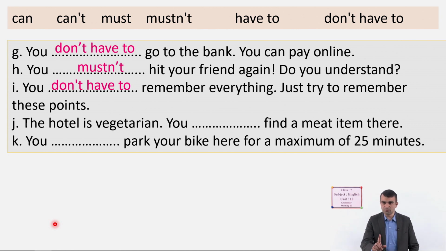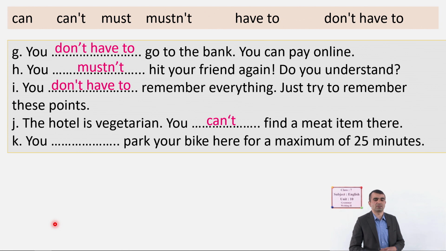Okay. Next one, number J. The hotel is vegetarian. You blank find a meat item there. So what do you use? Okay, if it is a vegetarian hotel, you can't find a meat item there. Can you? No, you cannot find.